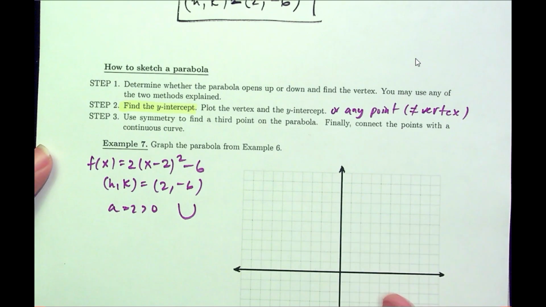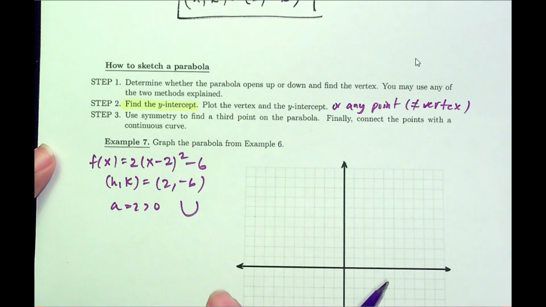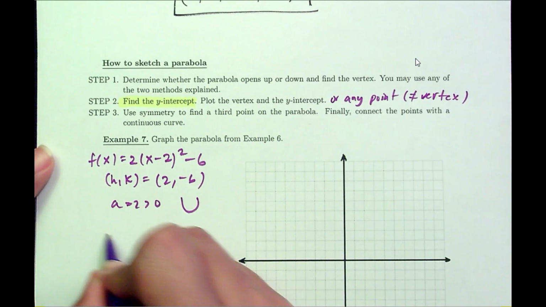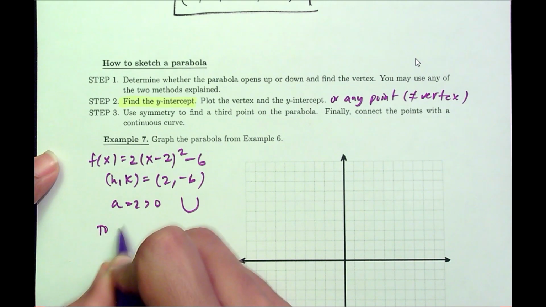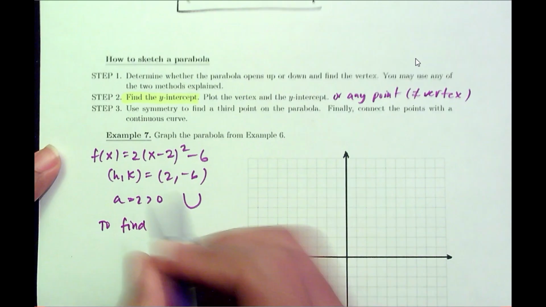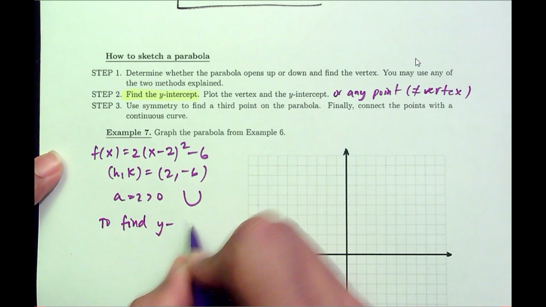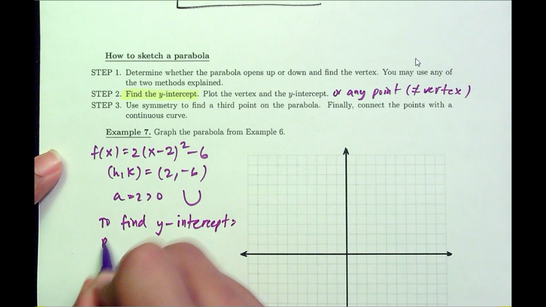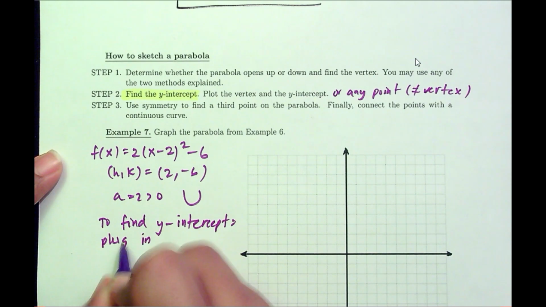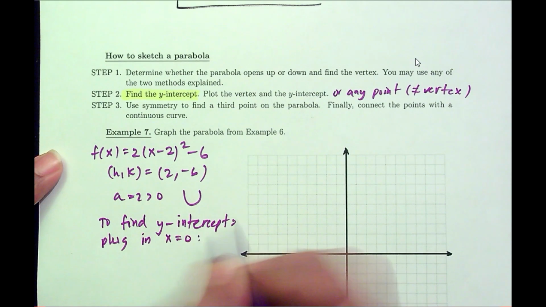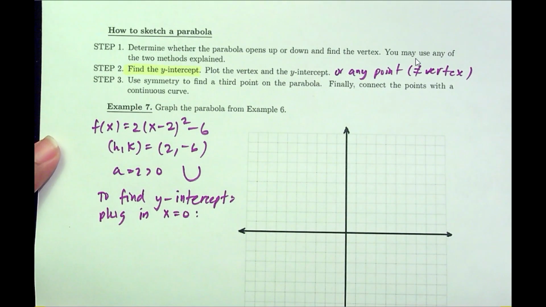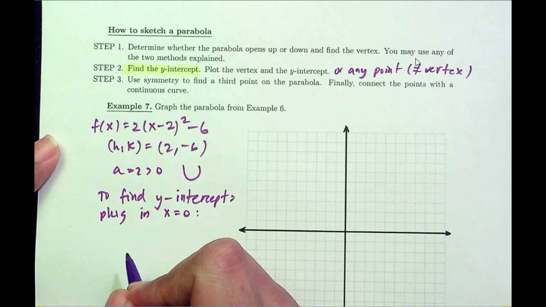And now you need one other point other than the vertex, and I recommend the y-intercept. Why? Because it's really easy to find. Remember that to find the y-intercept, all you have to do is plug in x equals 0. So let's plug in x equals 0 in here.